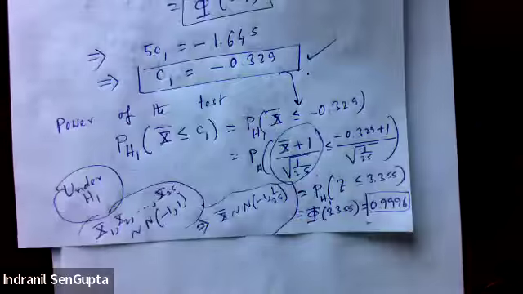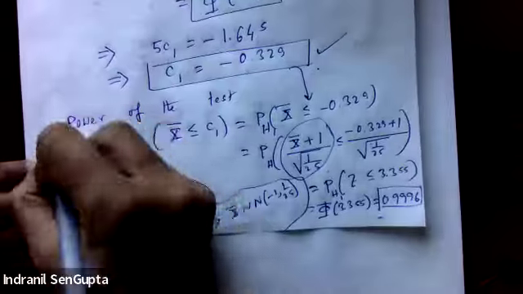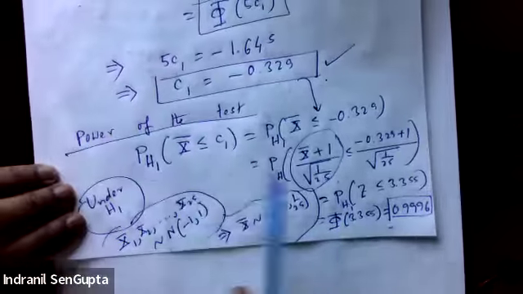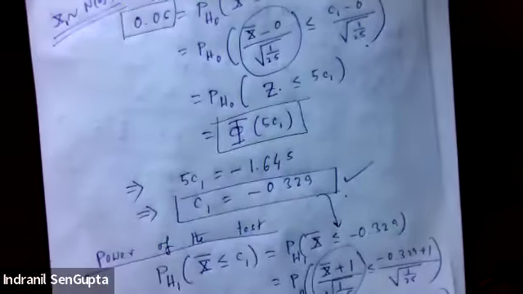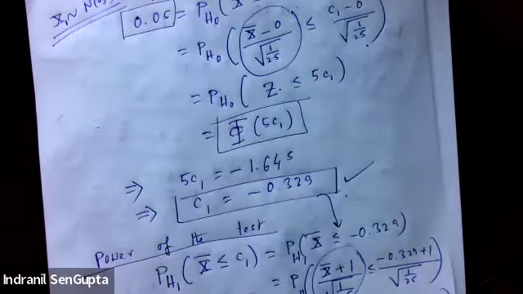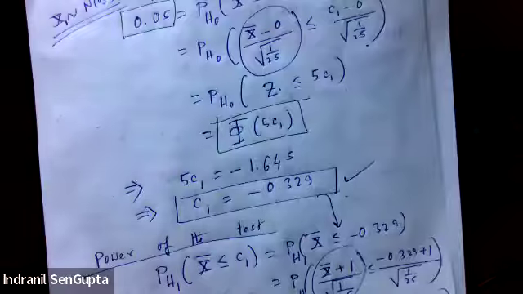So the power of the test is this. Note that you cannot just find the power of the test immediately. You need C1, and for finding C1, you have to go through all these processes. So this is a very nice way of computing the power of the test for a particular case.